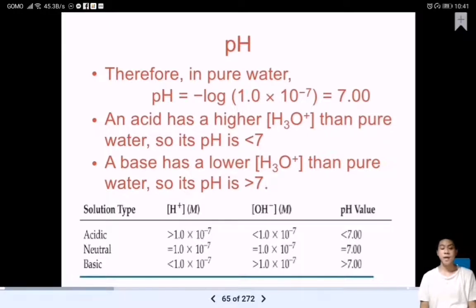Therefore, in pure water, pH equals negative log of 1.0 times 10 to the power of negative 7, which equals 7. An acid has a higher concentration of H3O⁺ than pure water, so its pH is less than 7. A base has a lower concentration of H3O⁺ than pure water, so its pH is greater than 7.